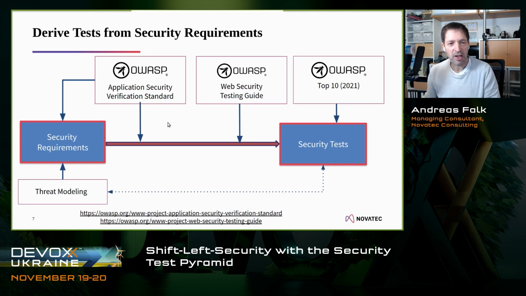This standard provides you a really helpful document and also an additional Excel sheet providing really a complete catalog of typical concrete security requirements that are applicable for usual applications, for mobile applications, for backends, for front ends, for every kind of application that you want to build. And this has different sections, like for architecture, authentication and stuff. And with the Excel sheet, you can also check each point and check if that requirement is applicable for your application or not.